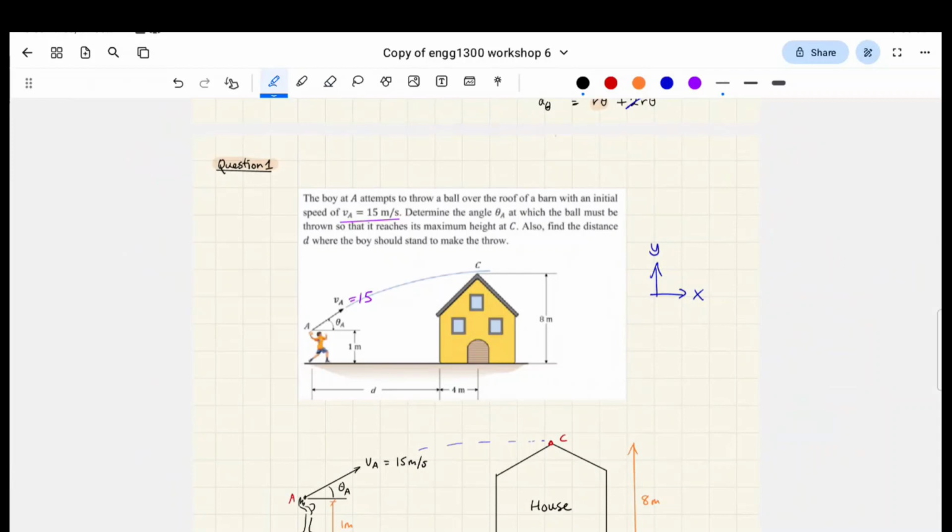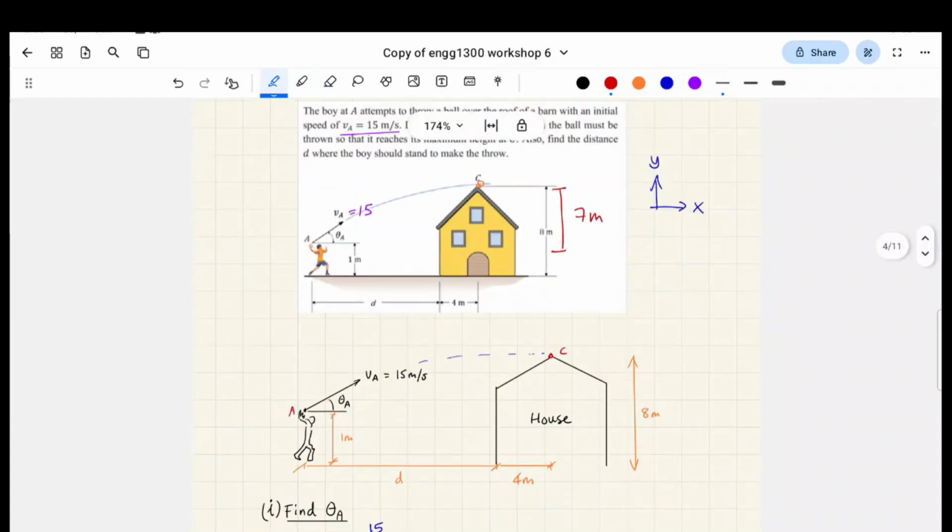And we don't know how far he's standing away from the edge of the house, but we do know that when it hits the top of the roof, it reaches the apex of the throw. And we also know, which I forgot to mention before, the vertical displacement that the ball travels as well, right? So that's the information that we're given.